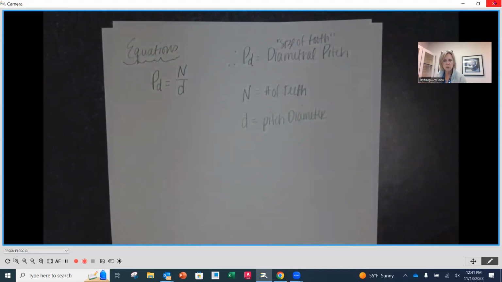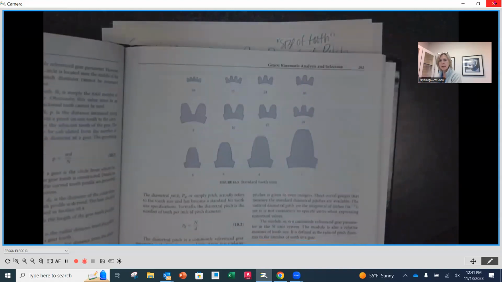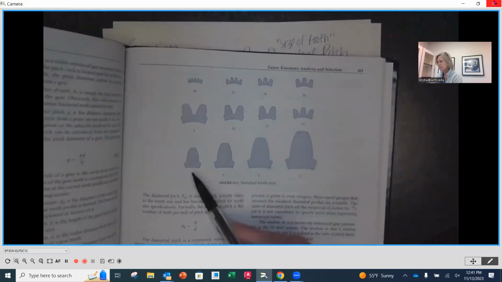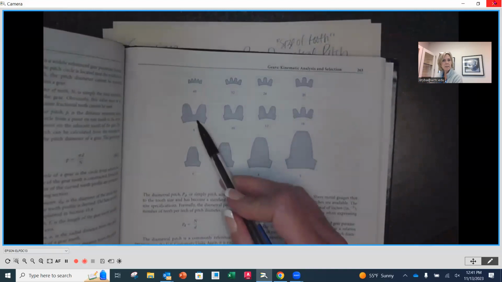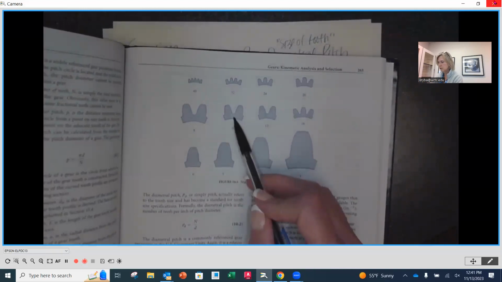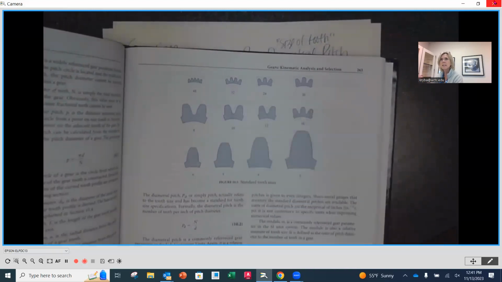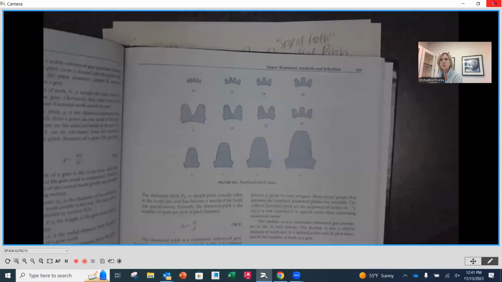If we go back to page 263, we have 3, 4, 5, 6, then we skip 7, there's an 8. There's a diametral pitch of 10, 12, 16. Notice it's not all the numbers in between. So diametral pitches correspond to actual tooth sizes. Size of the tooth, diametral pitch, capital P sub D.